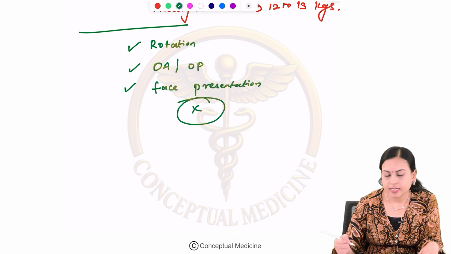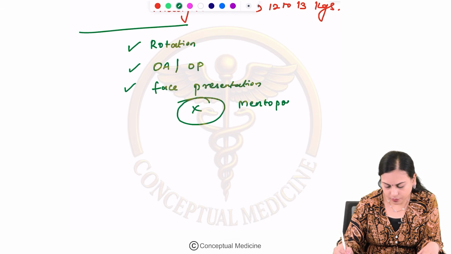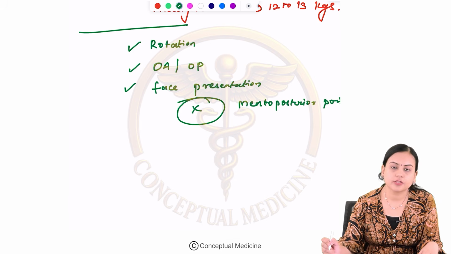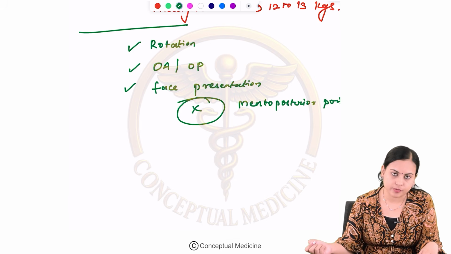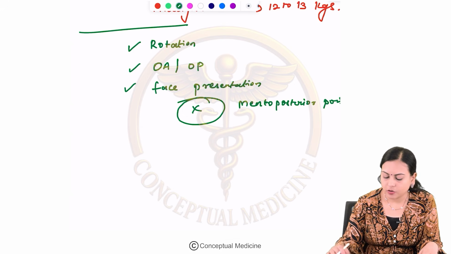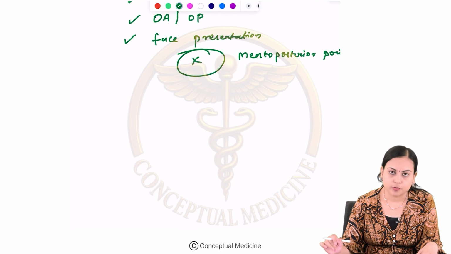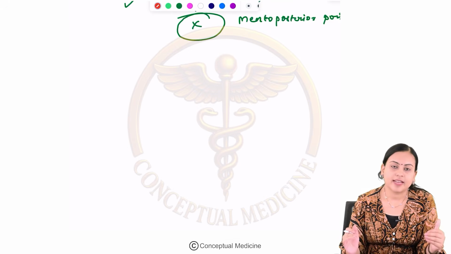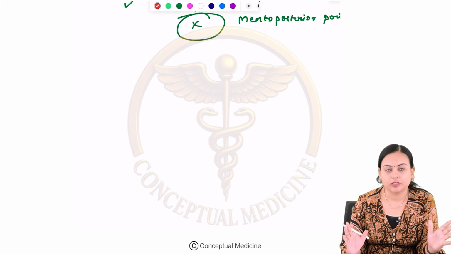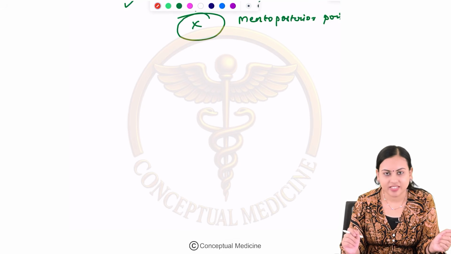The only position where you shouldn't apply forceps is the mento-posterior position, because in mento-posterior position vaginal delivery itself is not possible, right. We will be planning only for cesarean section, so we will not permit forceps delivery in mento-posterior position. Clear?